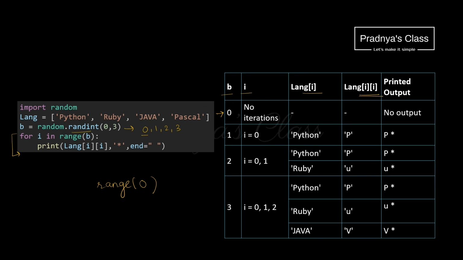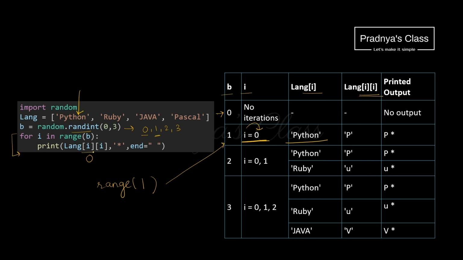Alright then, let's check out the other possible values. If B is 1, it means range of 1. Range of 1 means the loop will execute once and the value of I will be 0. Let's place the value of I here. It will be language of 0. At the 0th position, we have the string Python.